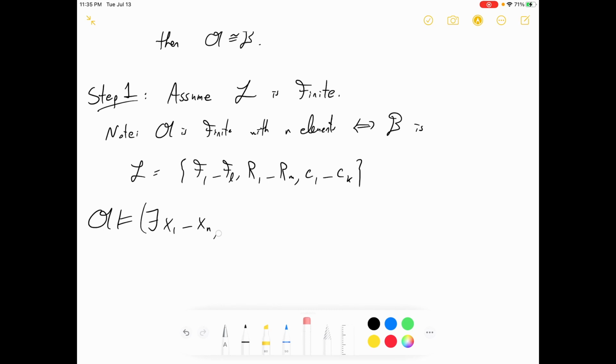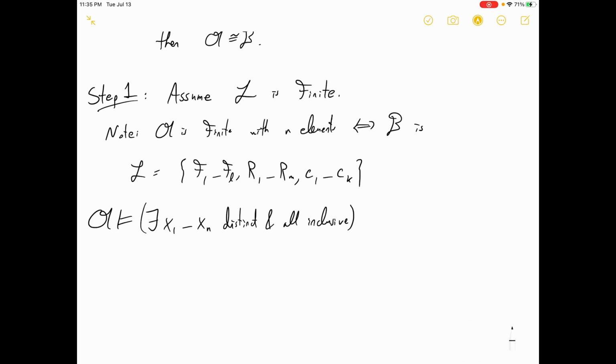We all know how to write that down in first order logic, that they're distinct. And you know what? I'm going to say distinct and all inclusive. This is not standard terminology, but what I'm saying is there's x1 through xn, and every other x is precisely one of these xn's. So the model has n elements, and these are all n of those elements.